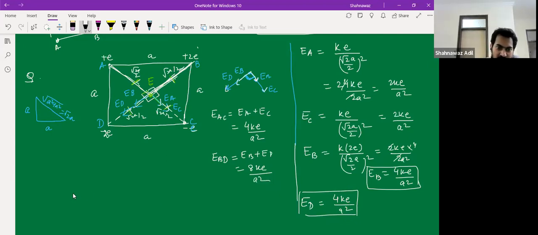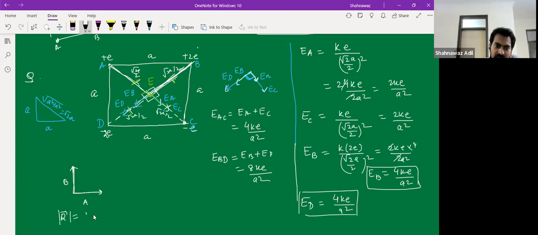So now we know the magnitude of two vectors. This is some vector A and this is some vector B, and they are perpendicular. So what would be the resultant?